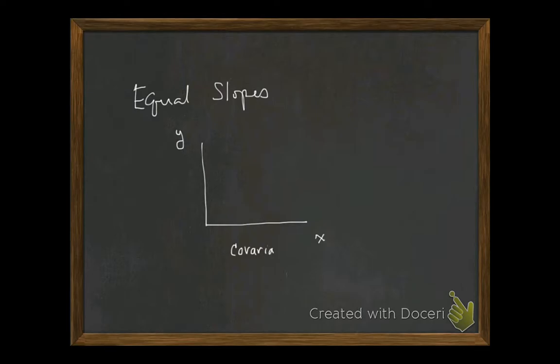The second one that we run into is equal slopes. And if you can imagine this, imagine us looking at x's and y's, and on the x, let's put our covariate, and on the y, let's put the y.